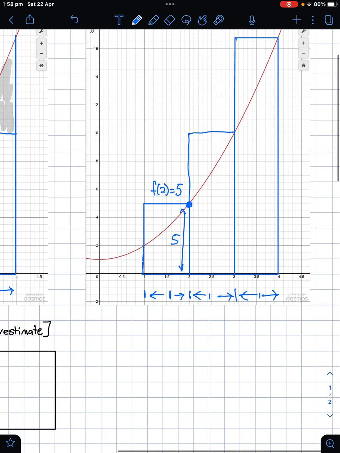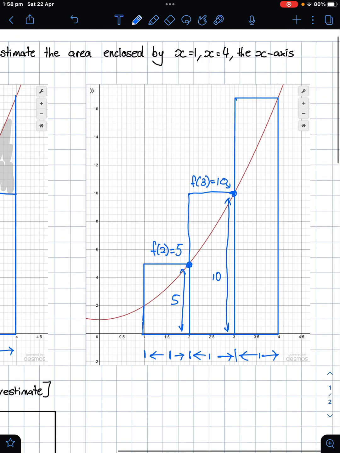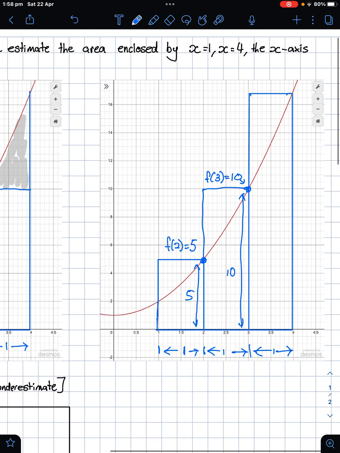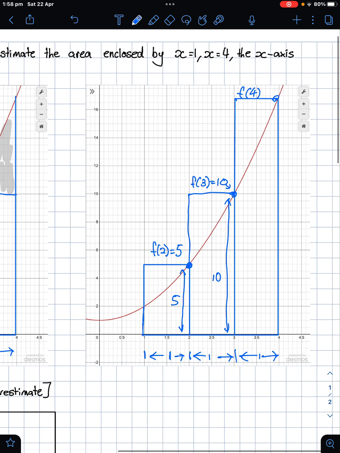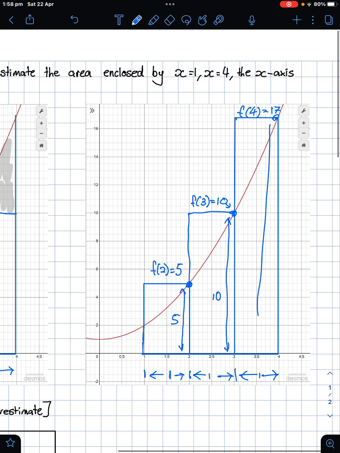This next coordinate will be f of 3, which equals 10, giving us that value there. So this rectangle has a height of 10. And then this last one is given by f of 4, which equals 4 squared is 16, plus 1 is 17. So we've got a height of 17.